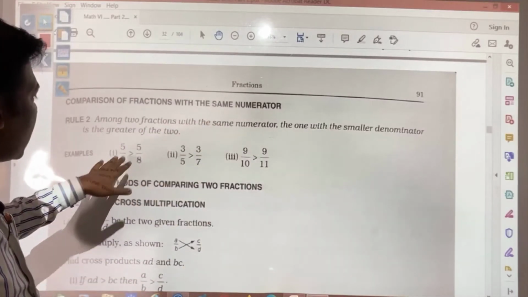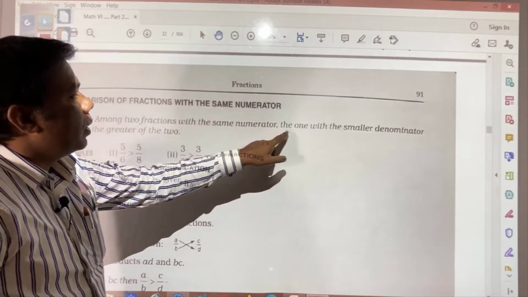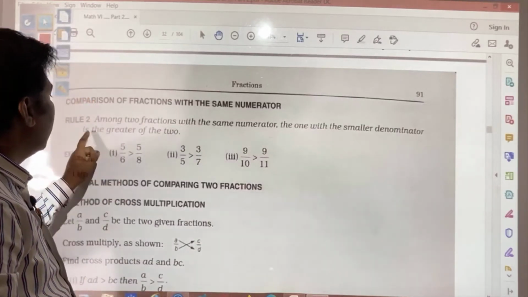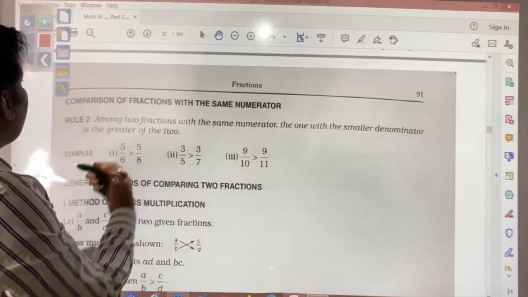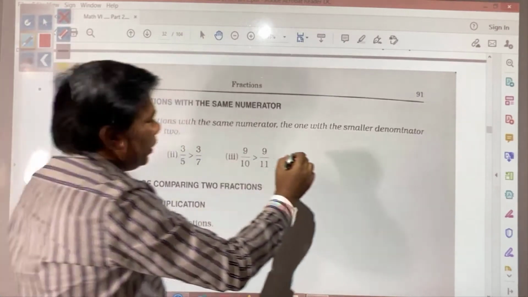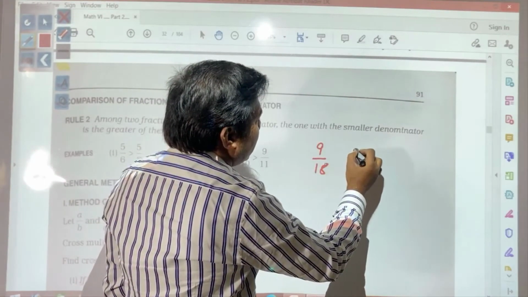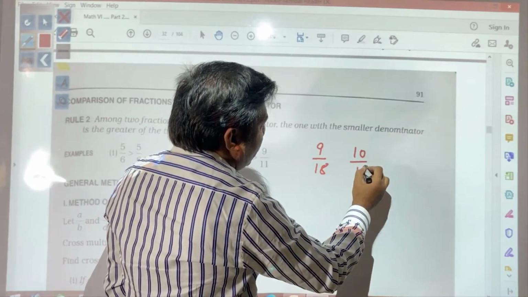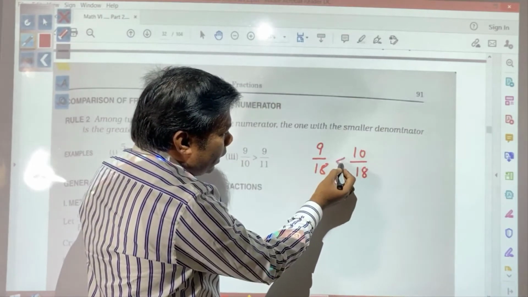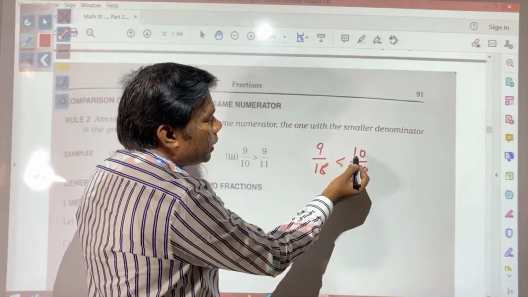Suppose numerators are the same. Among two fractions with the same numerator, the one with the smaller denominator is the greater of the two. Just opposite to the previous. Here, if the denominators are equal, 9 by 18 and 10 by 18, then 10 is greater than 9, so 9 by 18 will be lesser than 10 by 18.